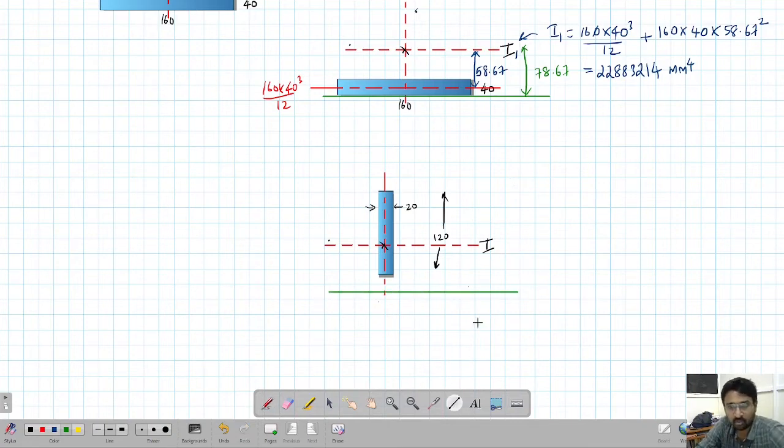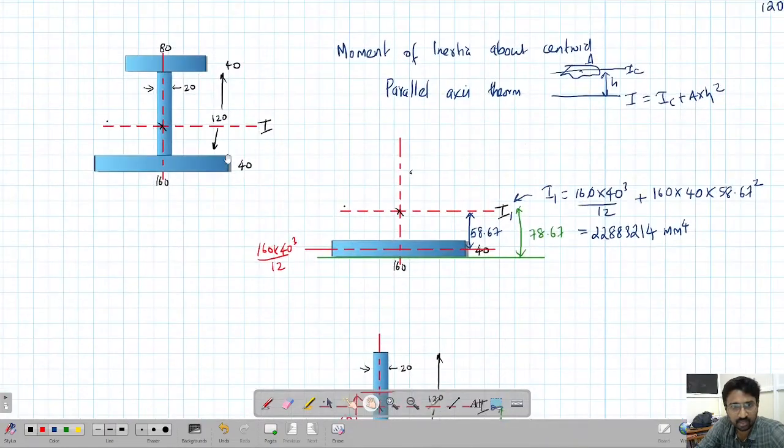Okay. Now we know this distance. This distance I have already told you. This is nothing but 78.67. Okay. Now we know the centroid of this rectangle also. It is somewhere here. You know the distance. This distance is 120 by 2, that is 60. Okay, and this distance we know it is 40. How do we know this? We know that this is 40, this is 40, and this is 40 from this line.